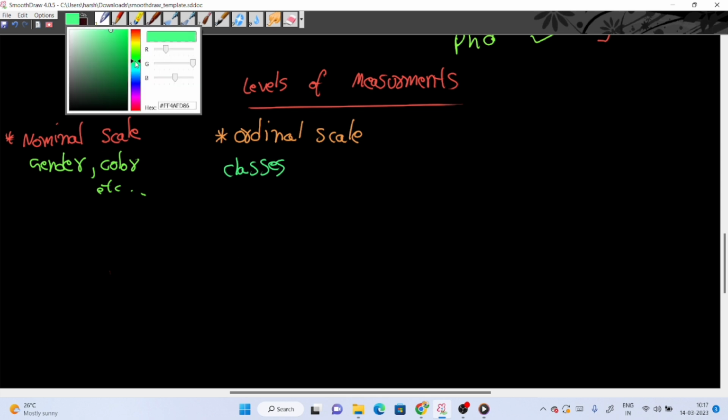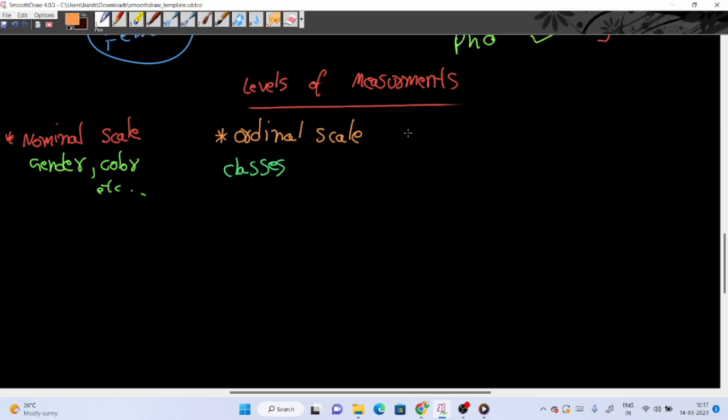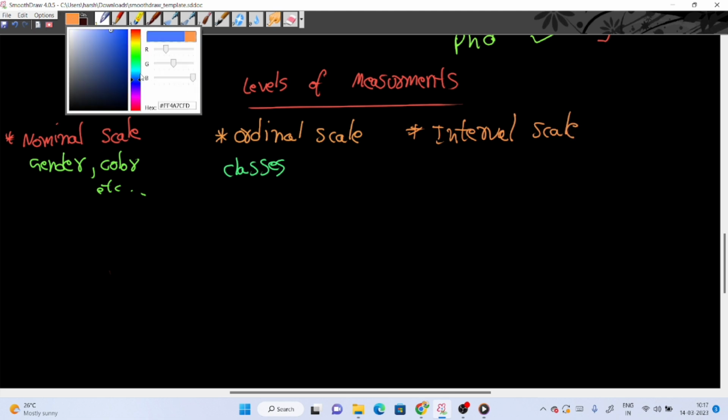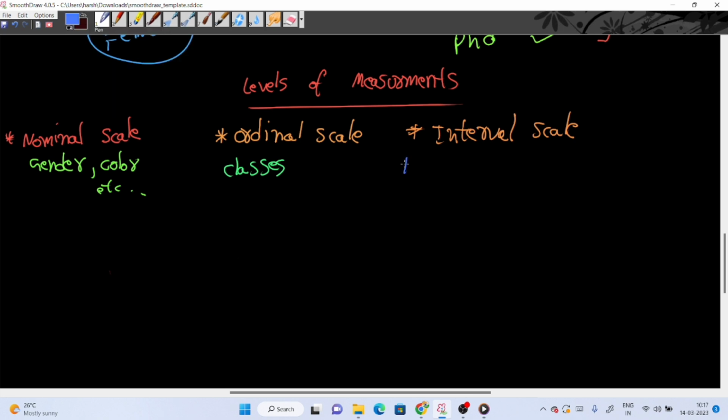And we have another type of data called interval scale data. In this interval, we may discuss a few things. It is numerical. Although it is numerical, one thing we can't do here is measure ratios of two numbers.